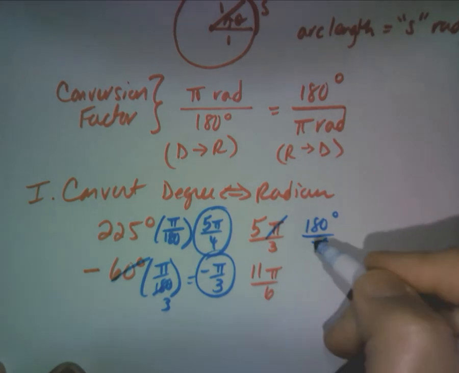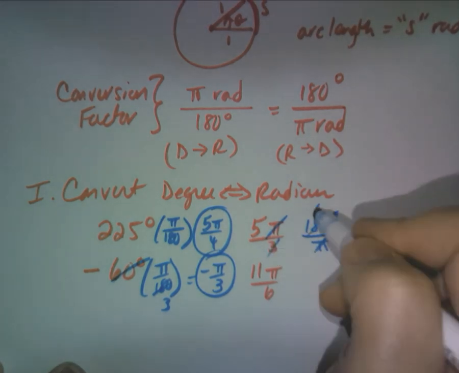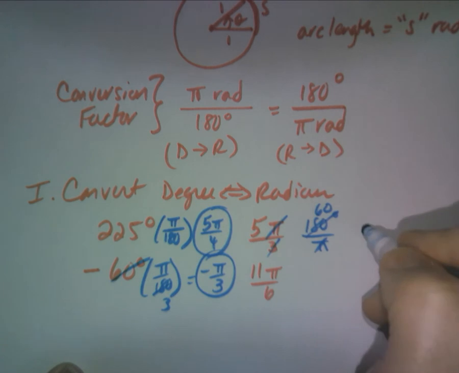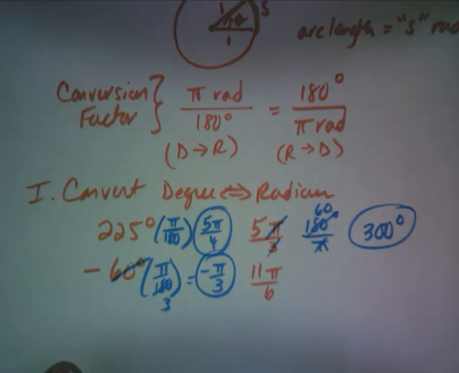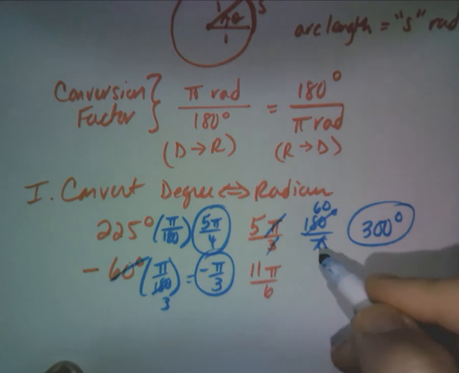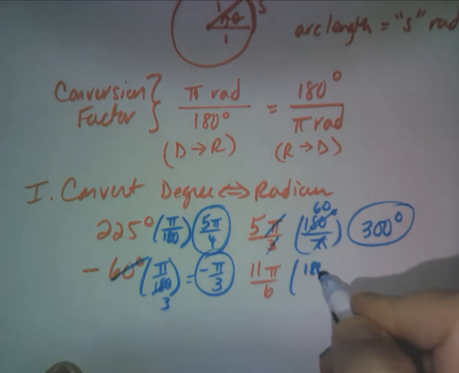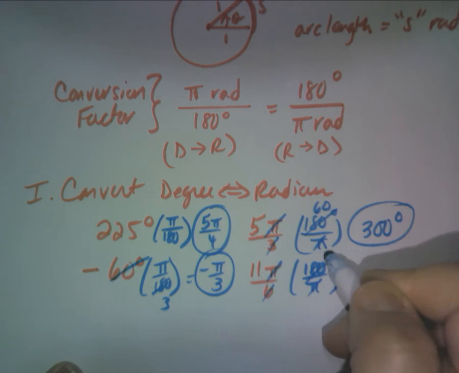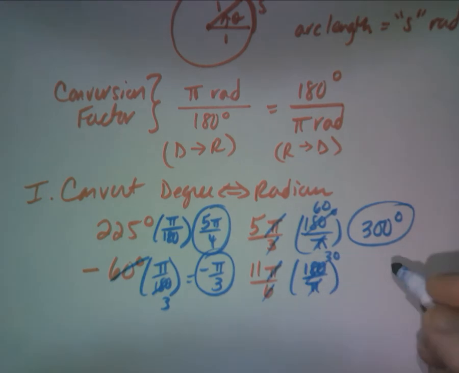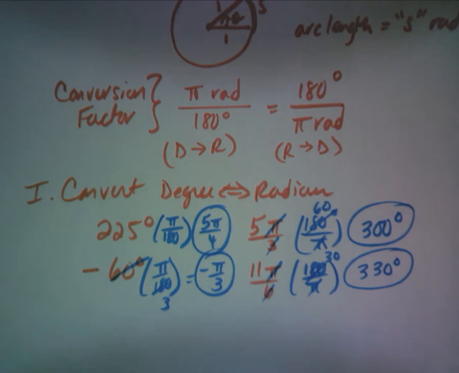So this would be 3 goes into 180, 60 times, 60 times 5, which is 300. Same thing, 11 pi over 6, you just multiply by 180 over pi. Your pi's cancel. 6 goes into 180, 30 times 11 is 330. So easy stuff. You just convert from degree to radian, radian to degree, multiply by pi over 180, 180 over pi, okay?